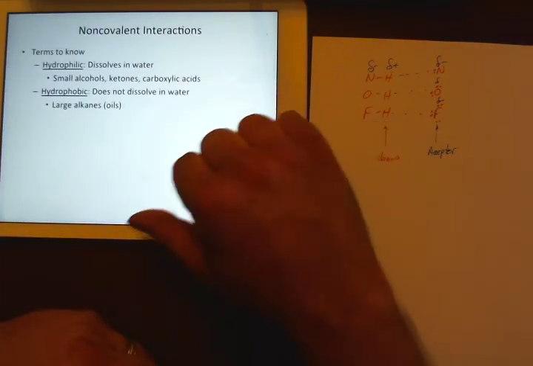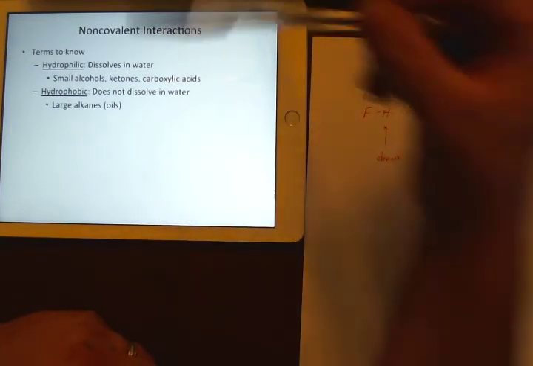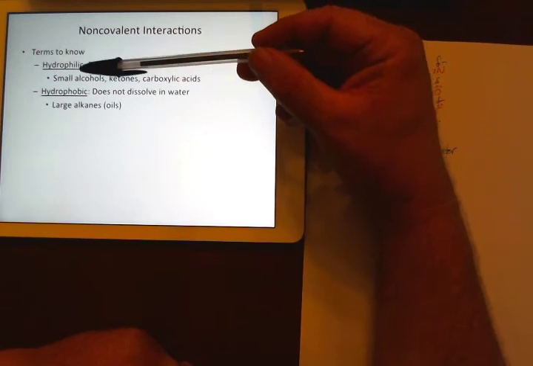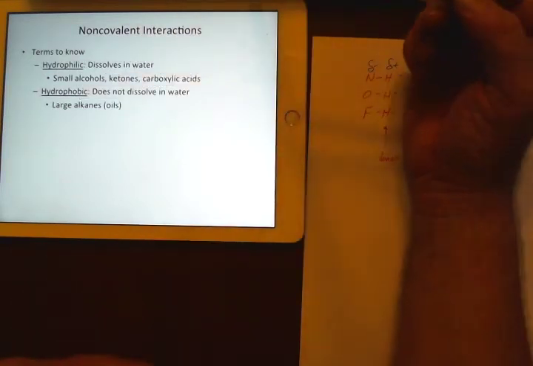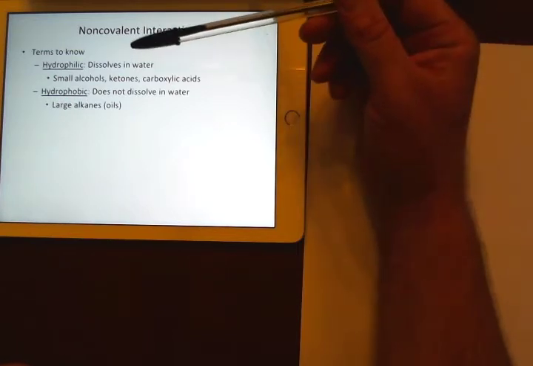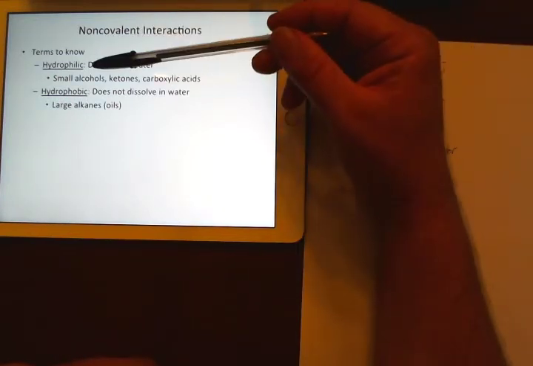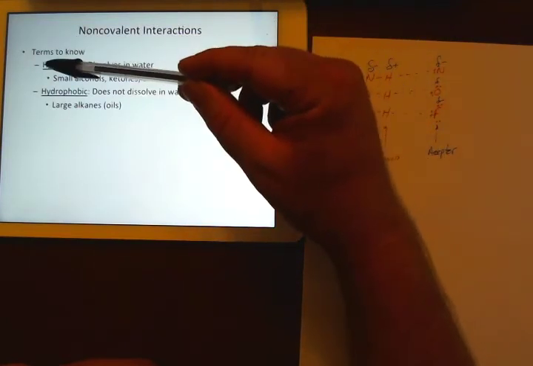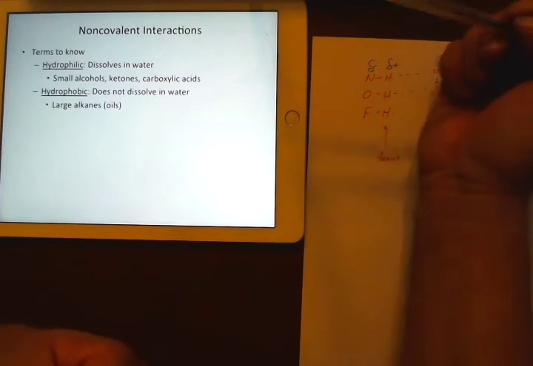Okay, so the other terms to know, and we'll talk about this more when we talk about solubility next, are hydrophilic and hydrophobic, right? You can't get away from your Greek and Latin roots when you get into science. Hope you studied those in high school. Hydrophilic means water loving, so it dissolves in water.